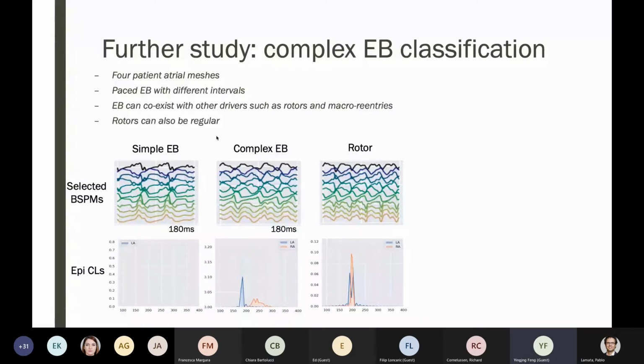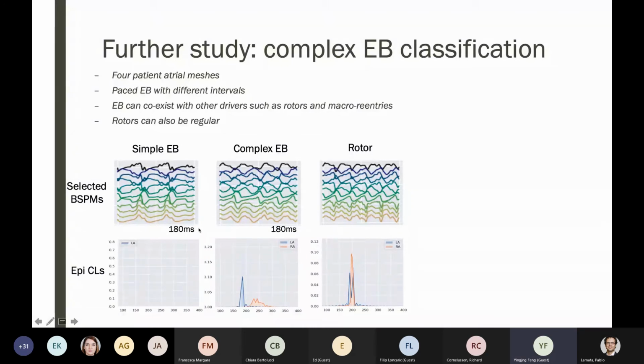And we found that actually it can go a bit more complicated than what we presented previously, that the ectopic beats can coexist with other AF drivers, such as rotors and macro reentries. And rotors itself can also be regular. And here we give examples such as the simple ectopic beats and complex ectopic beats.